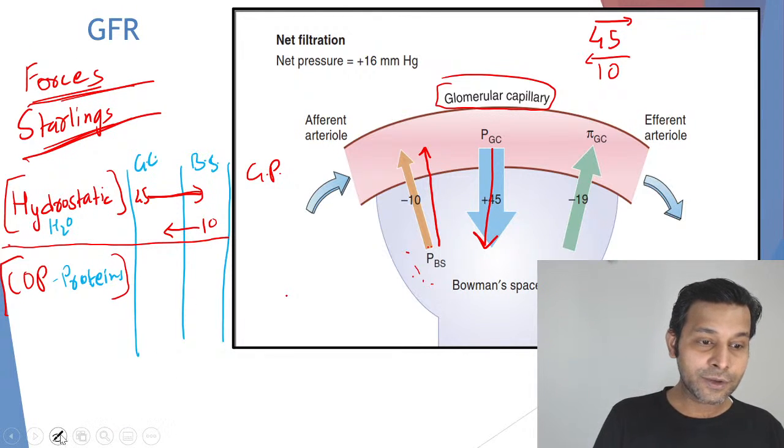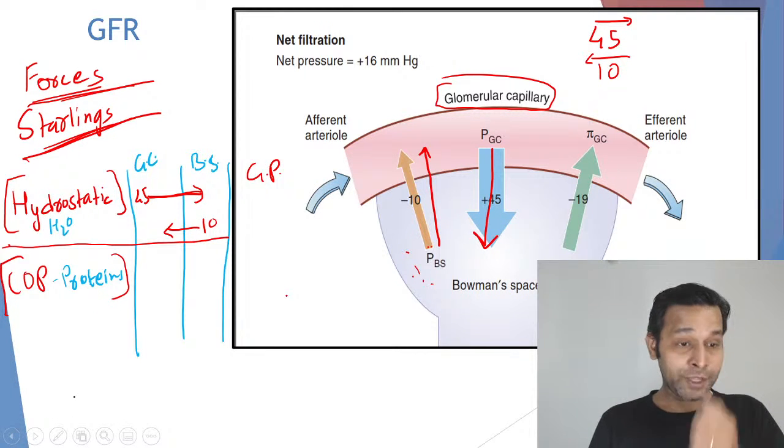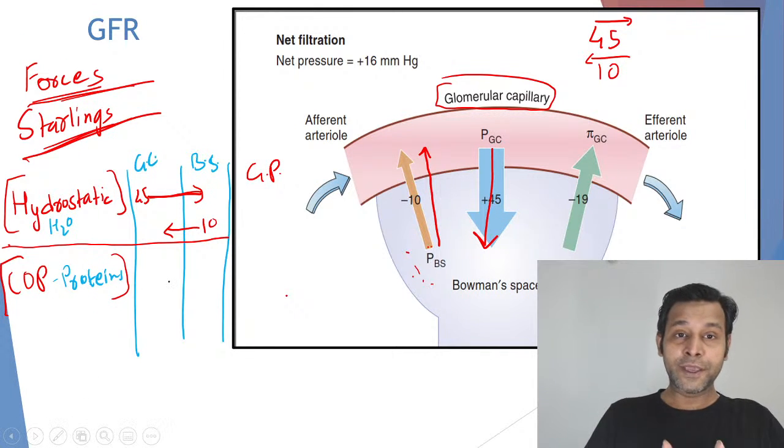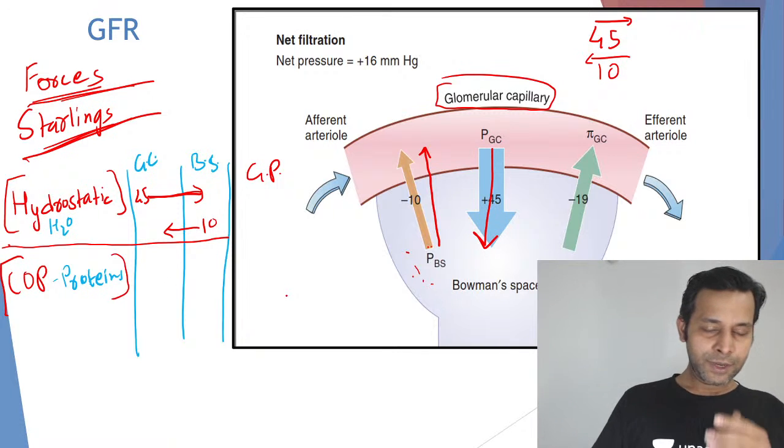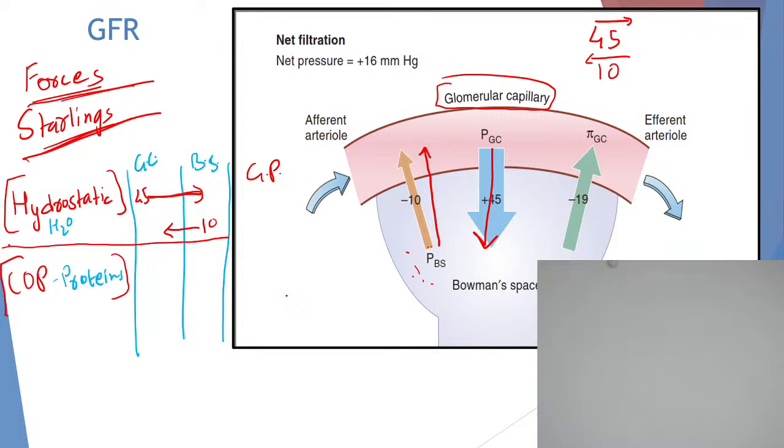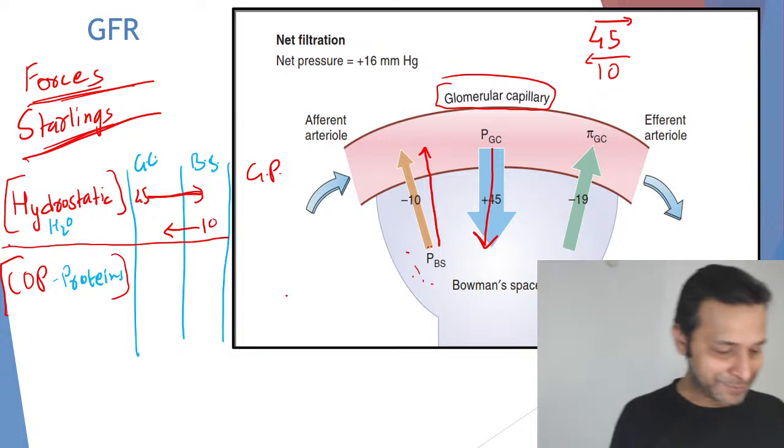Now let us look at the oncotic pressure or colloidal osmotic pressure. The proteins pull water. Yes, sorry.